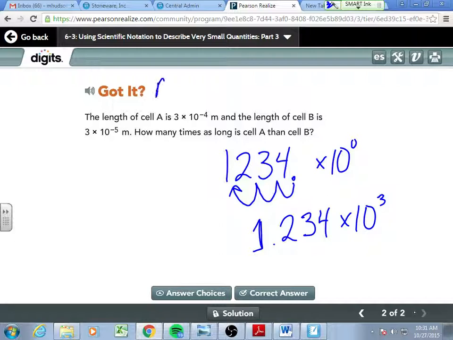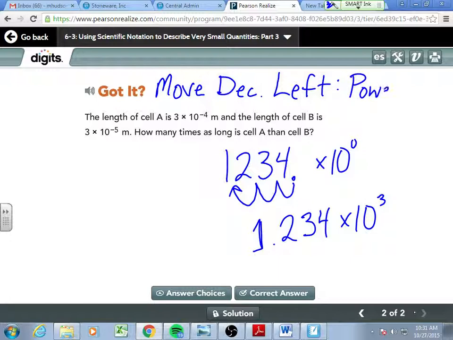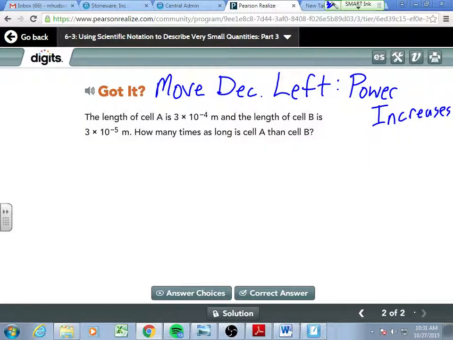So I would write in your notes, move decimal left, power increases, but be careful because when we work with negative values, increases would be gets closer to 0. I would also maybe write the inverse statement and say that when we move our decimal right, our power decreases.